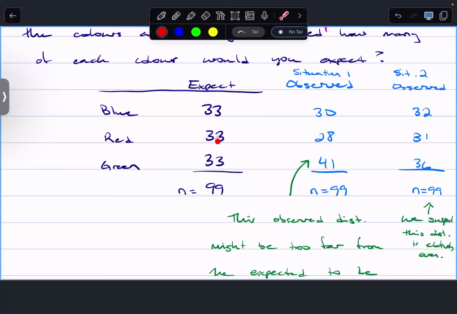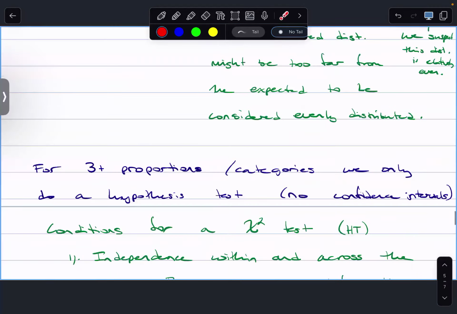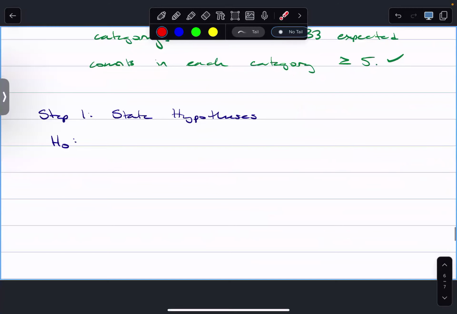And you can adjust these expected counts to whatever fit you're trying to hypothesize about. In this case, we're starting with the most basic, evenly distributed version, but we could have some other hypothesized proportions there. So this is a chi-squared goodness of fit test.